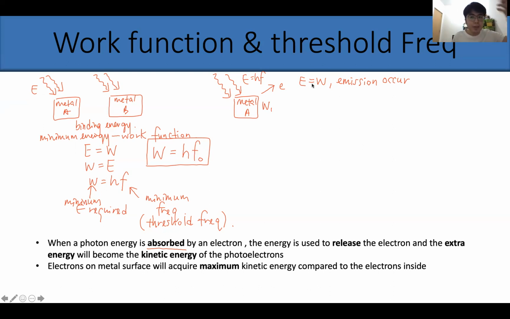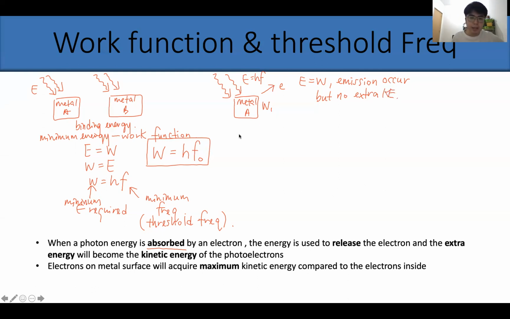If you give it just right, the energy exactly equals the work function, then you're only able to pop the electron out, but there is no remaining energy. This is just enough to release the electron, but the electron doesn't have any extra energy because you gave all the energy just to release it. So if the energy is equal to the work function, emission will occur, but no extra kinetic energy.